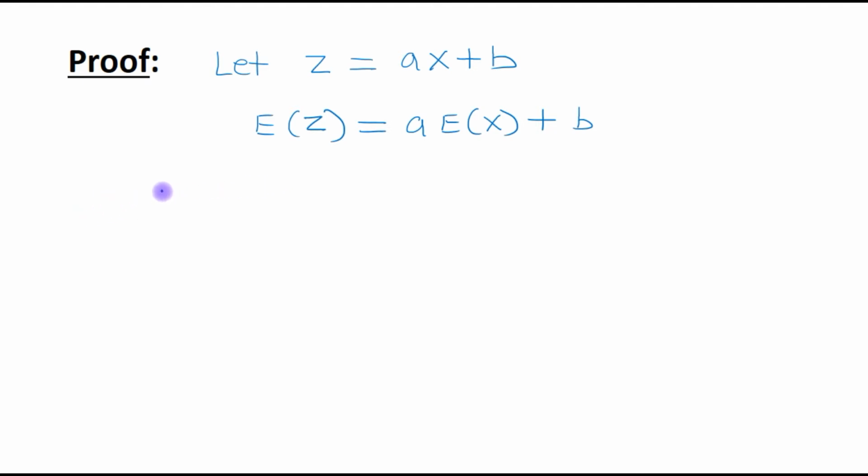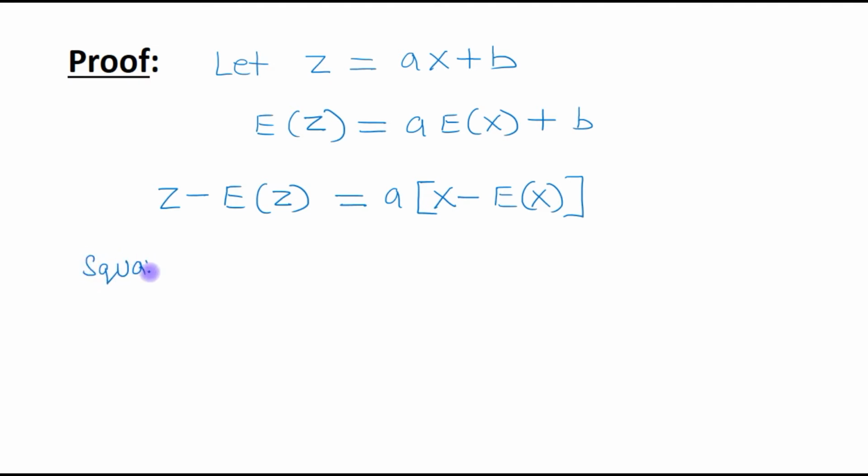Now z minus E(z) will be a times x minus expected value of x. Okay, next, squaring both sides.